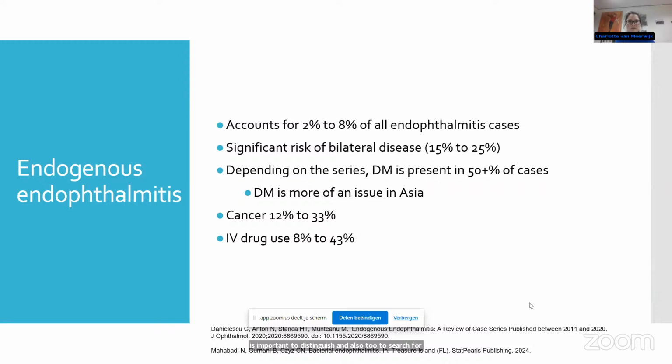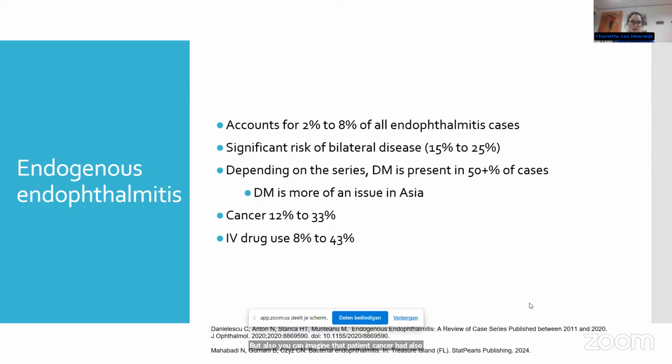There is a significant risk for bilateral disease in 15 to 25%, depending on the series that are presented, but diabetes is present in more than 50% of the cases, and it is also more of an issue in studies from Asia. It is related to cancer, which I also presented before, in 12 to 33% of the cases, but you can imagine that a patient with cancer also had treatment.